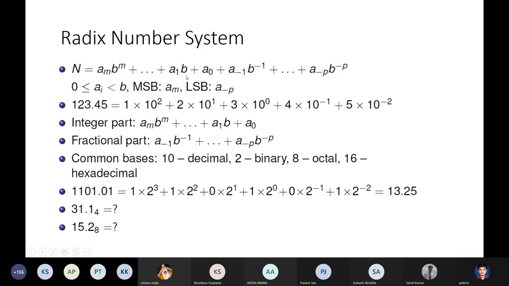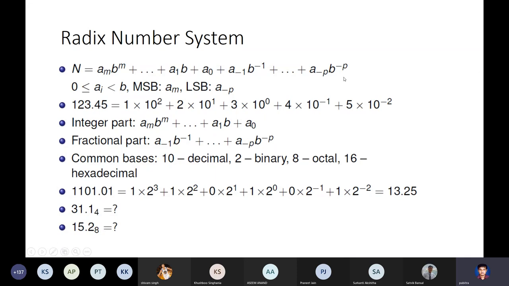As you go to the right of the decimal point, you have b to the power minus 1, b to the power minus 2, up to b to the power minus p. So b to the power m is the most significant position because it has the highest weight, and b to the power minus p is the least significant position because it has the lowest weight.